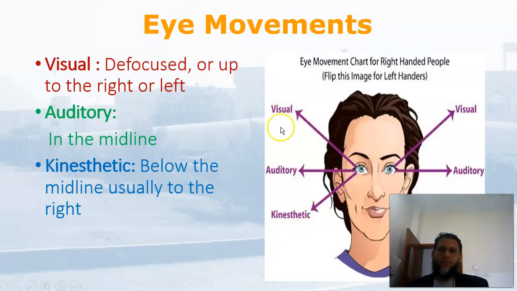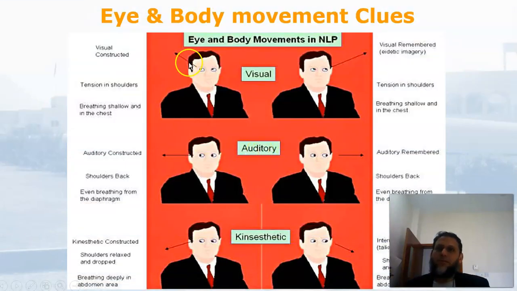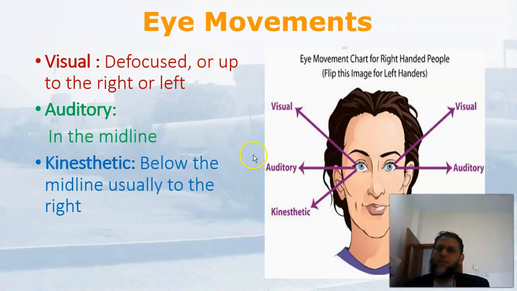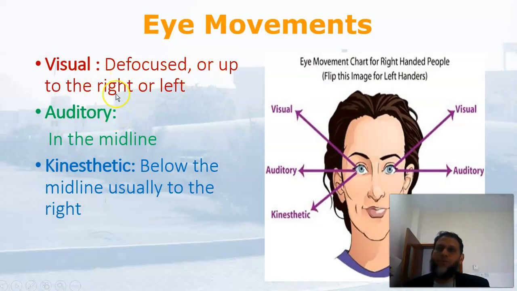First you take the visual eye movement. If the movement of eyes is a bit up, to the right or left, they are looking a little up, then they are visual learners.